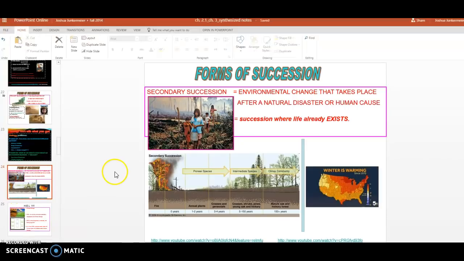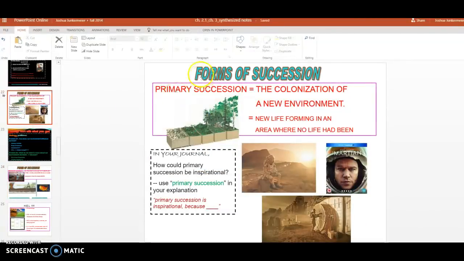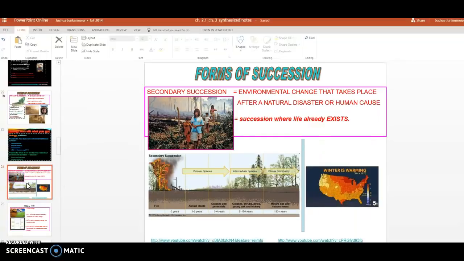Slide 24. In your notebook, please write slide 24 and copy the definition. Last video on slide 22, we learned that primary succession is new life forming where it had never been. That's primary. Secondary is the new wave, and on slide 24, the definition says it's an environmental change that takes place after a natural disaster or human cause.